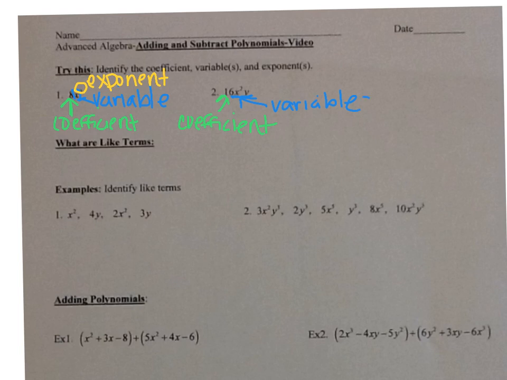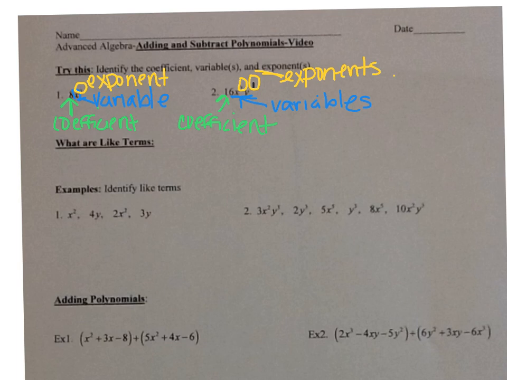Now, it looks like we only have one exponent, the 2. But remember, when you have a variable or even a number and there's no exponent written, there's really an exponent of a 1 there. So always remember that's an exponent of a 1 when there's no exponent written. So those are your exponents. So we have an exponent of 2 and an exponent of a 1.